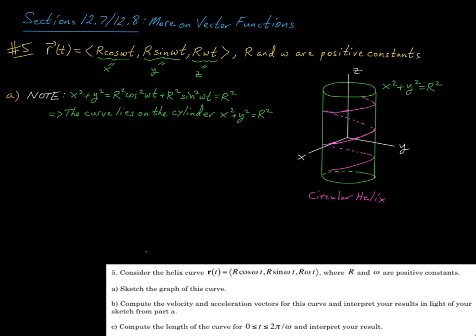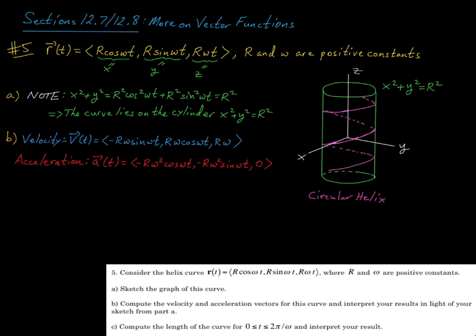Okay, so now let's look at part B. It says compute the velocity and acceleration vectors for this curve and interpret your results in light of your sketch from part A. Alright, so with the velocity vector, we're just going to differentiate the position vector component-wise, and note that from the i and the j components we're going to pick up factors of omega from the chain rule.